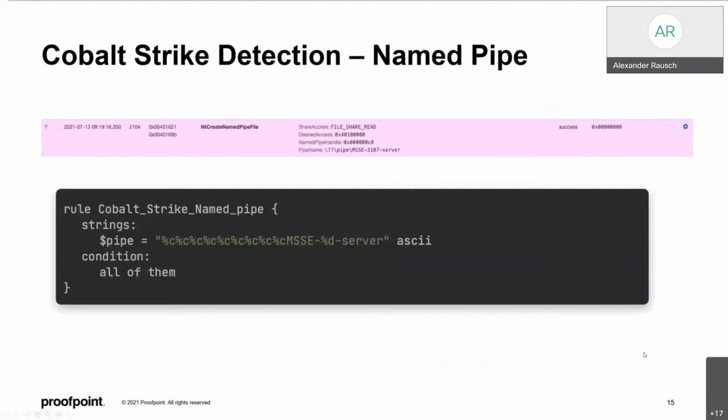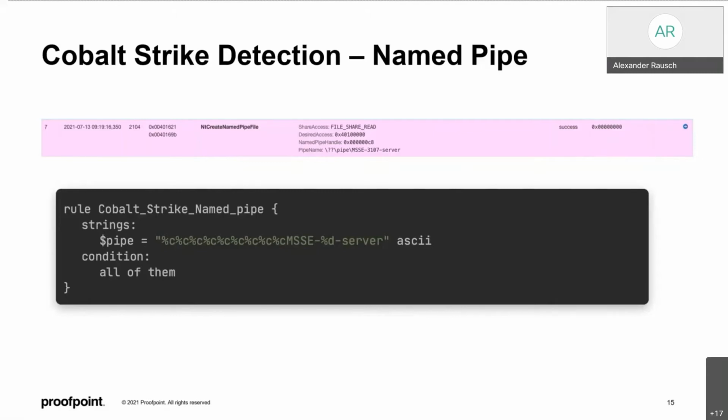Another cool way to detect CobaltStrike is the default named pipe. The default named pipe works pretty well, and most actors are too lazy to change it from the default value. Above, you can see a screenshot of a sandbox run that shows a Windows API call to NtCreateNamedPipeFile with the pipe name.